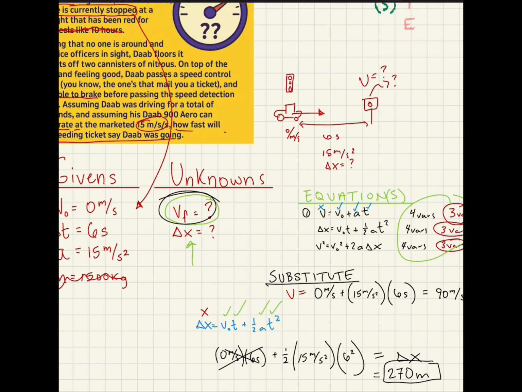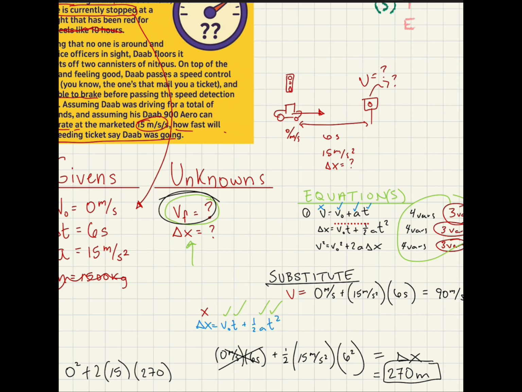If we had gone this way and found that 270 meters, we still don't have that final velocity. But now those other two equations, I could use either to solve. So I could do that third equation, which equals 0 squared plus 2 times 15 times 270. If you work this out, I'm not going to go all the way through this right now. I just wanted to show you guys that this is possible.